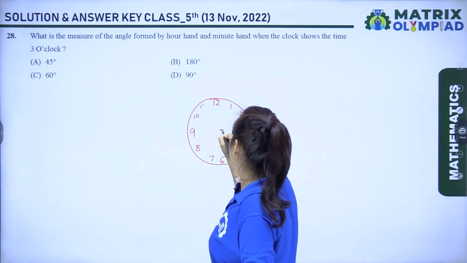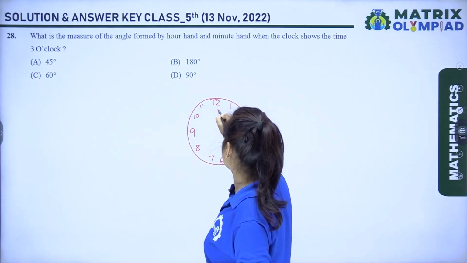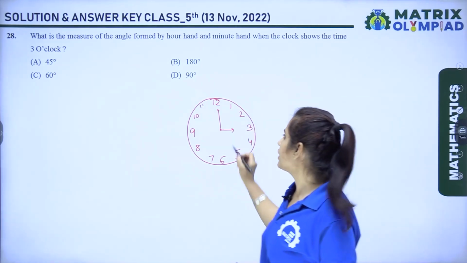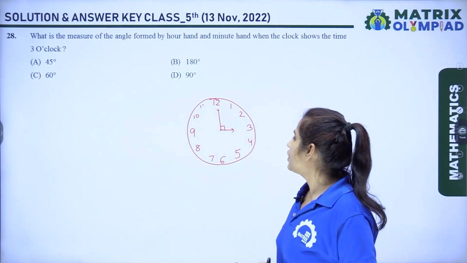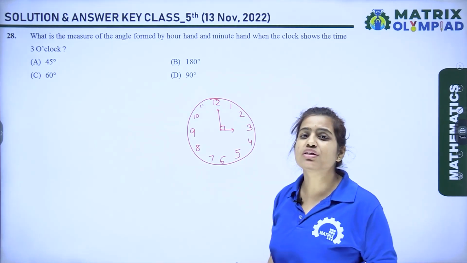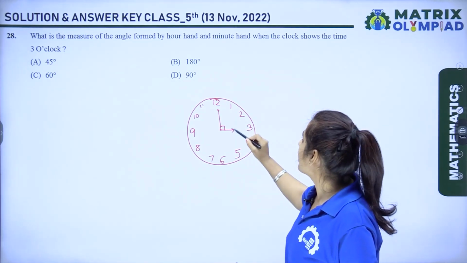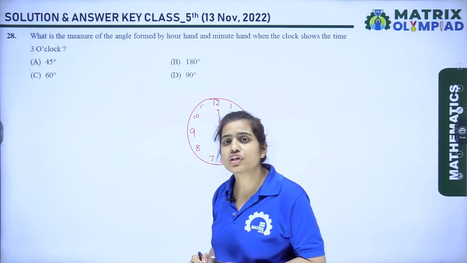Now the hour hand is at 3 and minute hand is at 12. We have to find out measure of an angle formed by hour hand and minute hand when the clock is showing the time 3 o'clock.